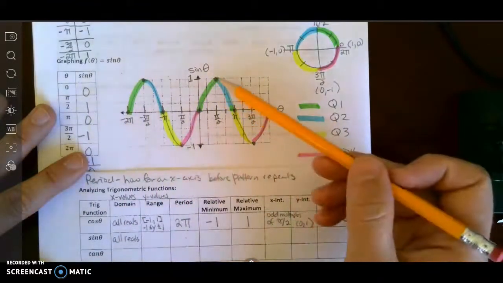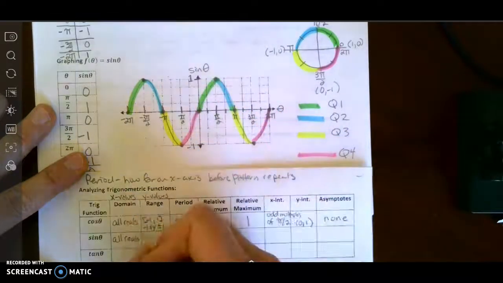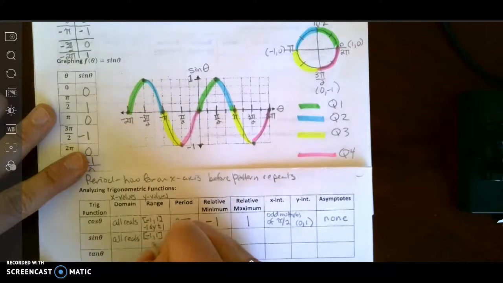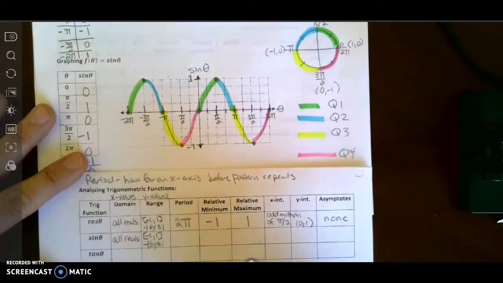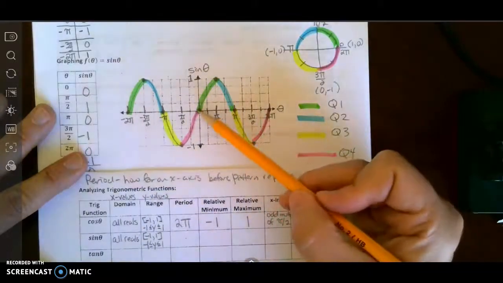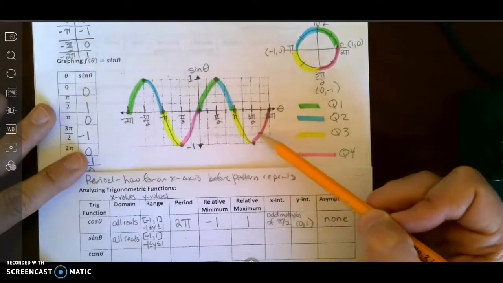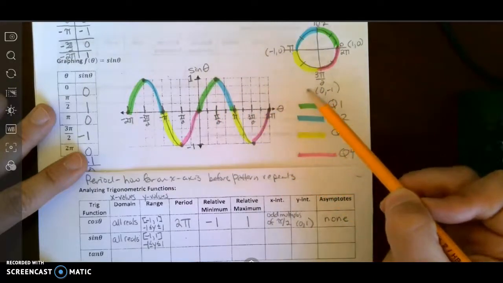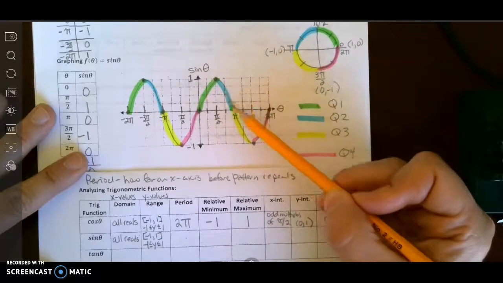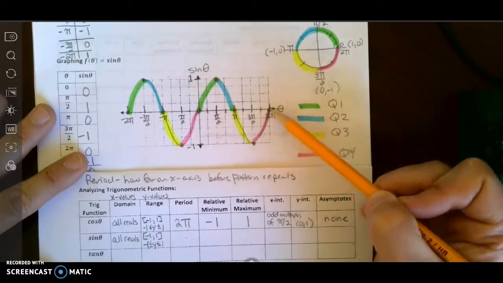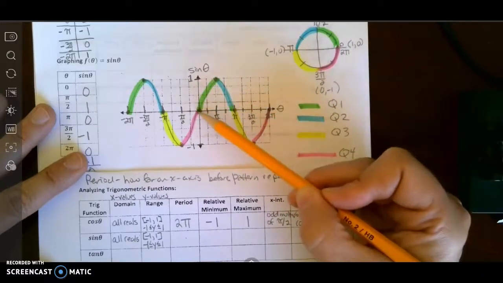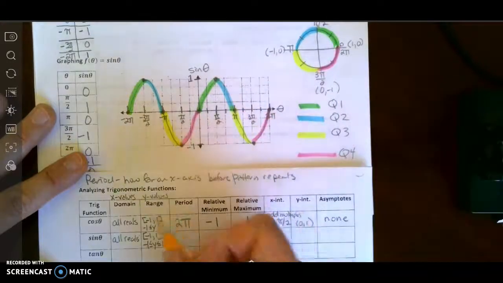And once again, I don't go beyond -1 and 1, so that's my range, or I can write it as an inequality. The period starts right here. This curve goes up, comes back down, and then it would repeat. So once again, to get a full sine curve in before the repeating pattern, it takes 2 pi.